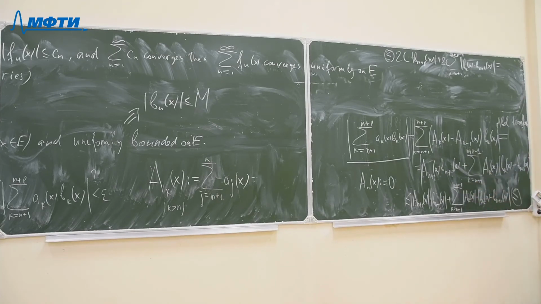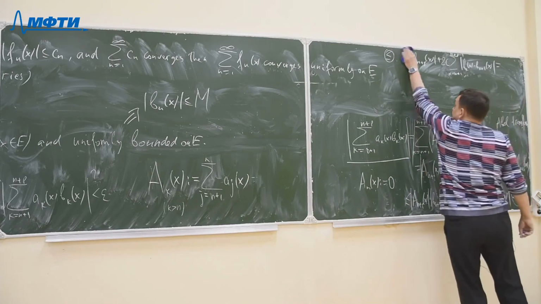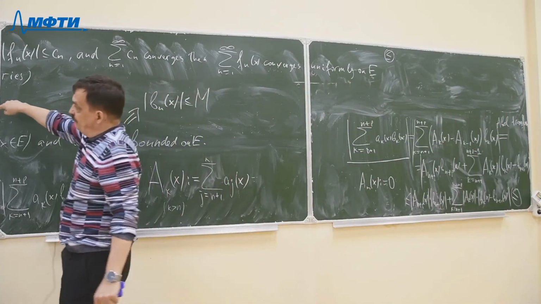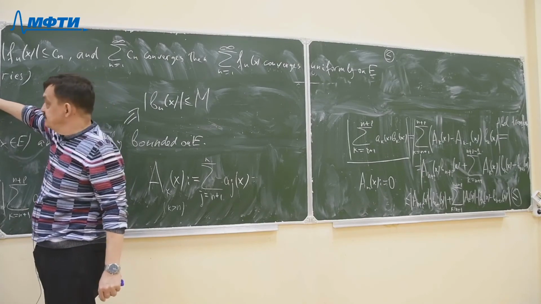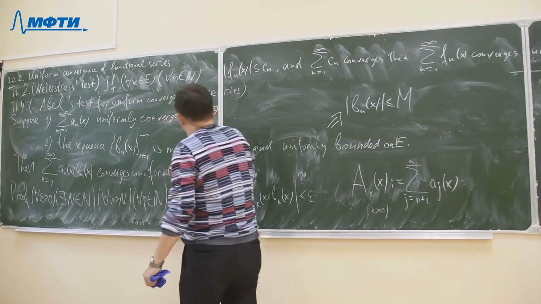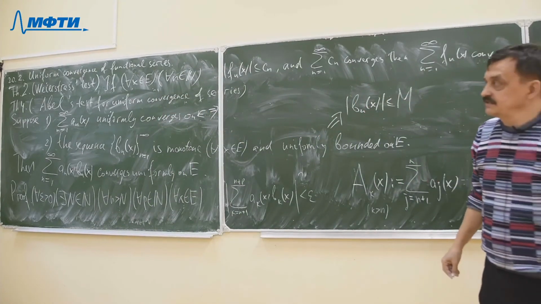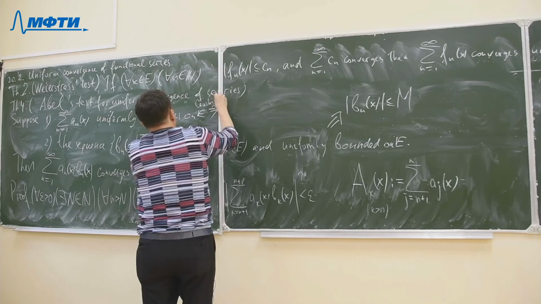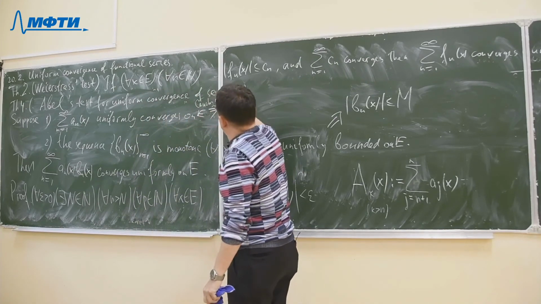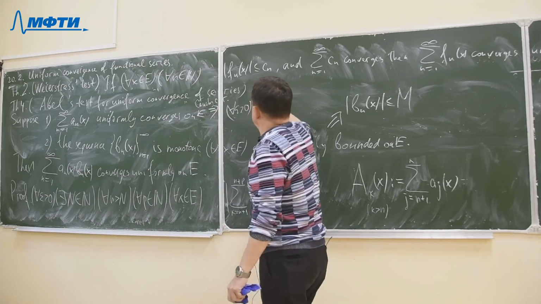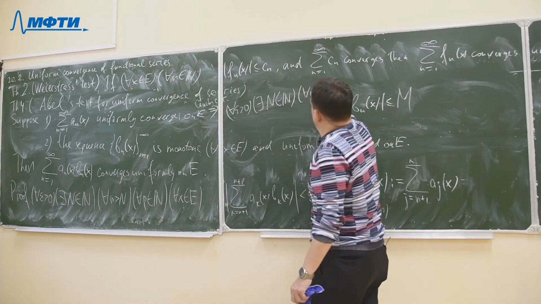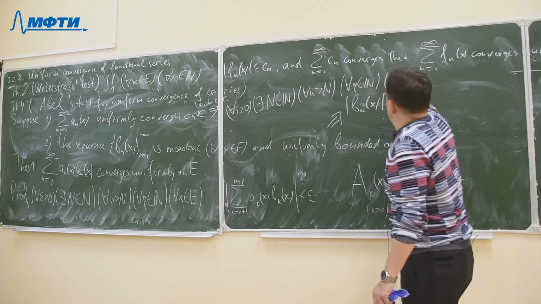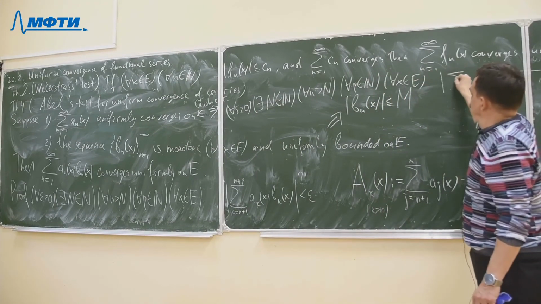So, and then, look, what else should I do? I should apply uniform convergence of our series, right? So, because of uniform convergence of our series, I use Cauchy Criterion, which says that for arbitrary epsilon, there exists capital N, such that for all n greater than capital N, and for all natural p, and for all x in E, I have the following estimate.